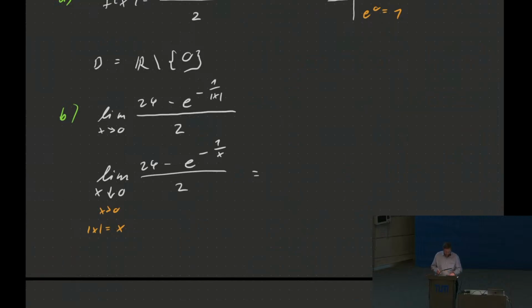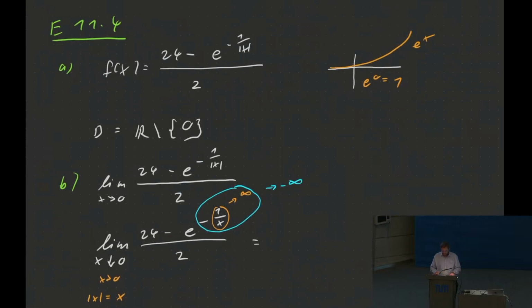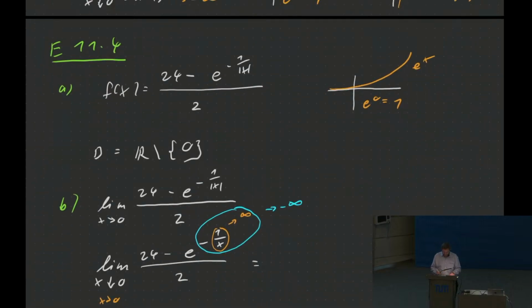Okay, and now what happens here? Well, as x goes to 0, this part of the expression goes to infinity. That means this part of the expression, including the minus, goes to minus infinity. And what happens with the e function if the argument goes to minus infinity? Well, the function goes to 0.